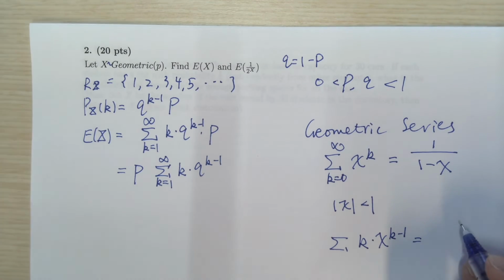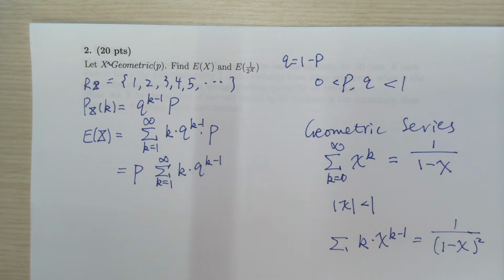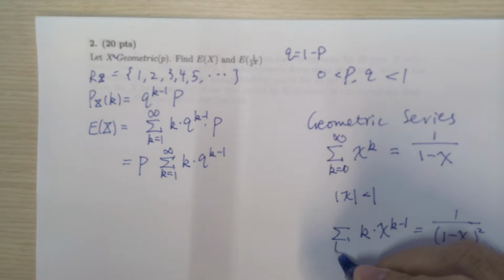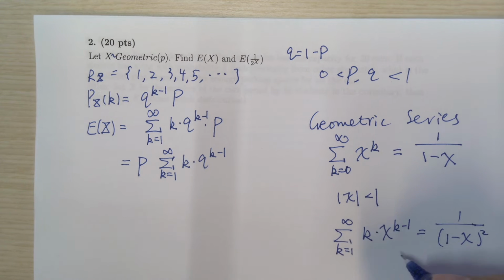And then on this side, the derivative of 1 over 1 minus x is going to become 1 over (1 minus x) squared. You can easily verify. The index here, you can write k from 0 or k from 1. Why? Because when k is 0, this part is still 0, so nothing hurts. So you can put this index as k from 1 to infinity in this piece.